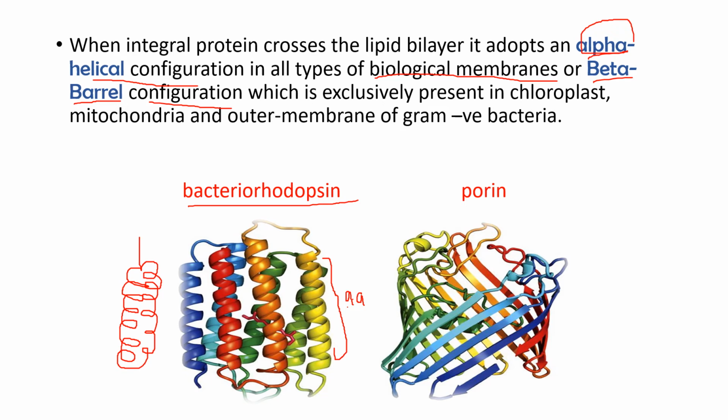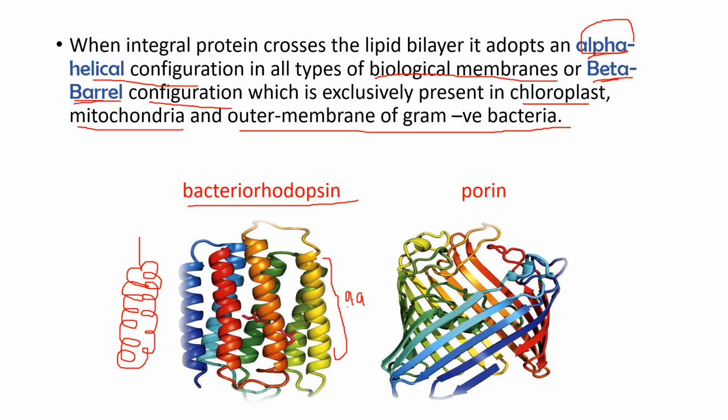Next, integral proteins can have a beta barrel configuration, where the protein occupies beta pleated shapes. It is exclusively present in chloroplasts, mitochondria, and the outer membrane of gram-negative bacteria.